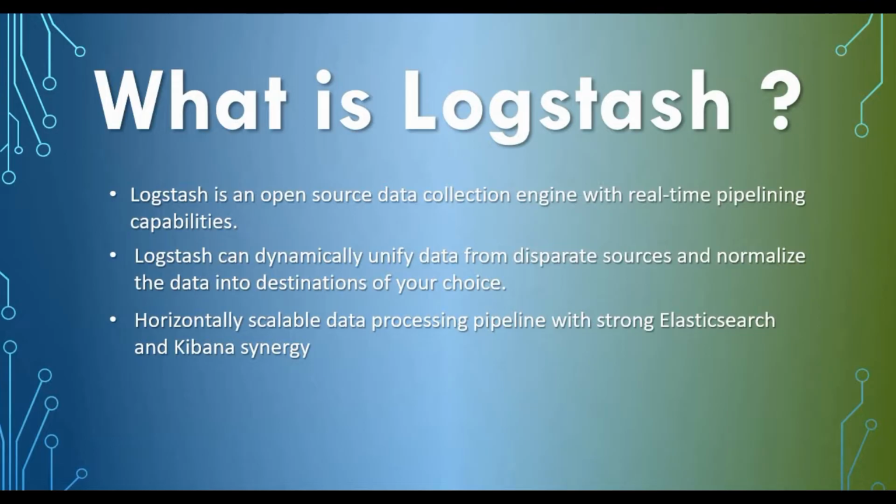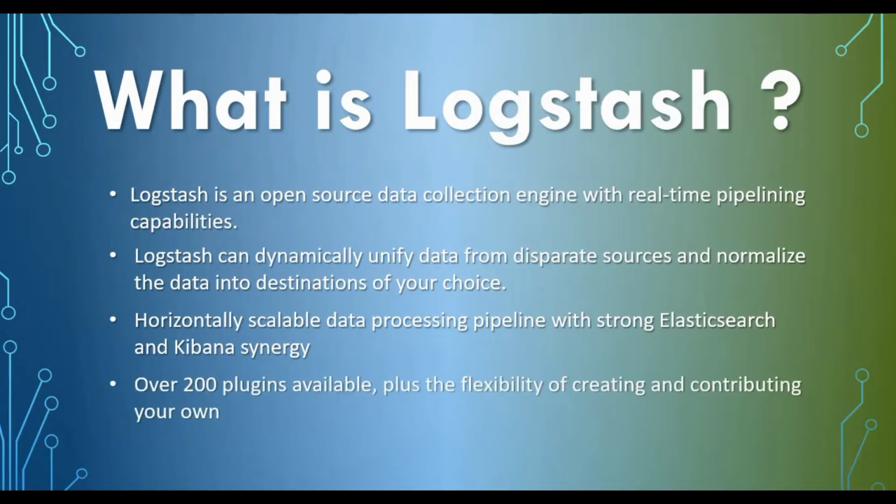That's why we are using Logstash as part of the ELK stack. And Logstash has more than 200 plugins. It has a lot of plugins which you can use, and it's also very flexible for creating and contributing plugins from our end. We can also create our own plugins to use along with Logstash.